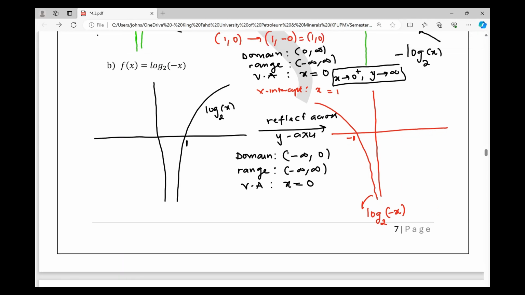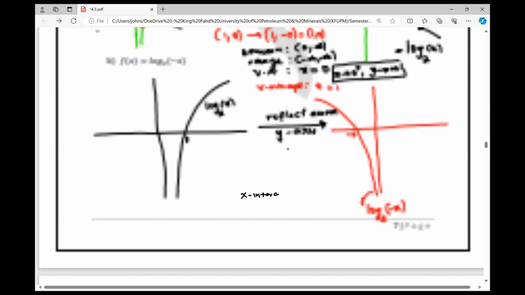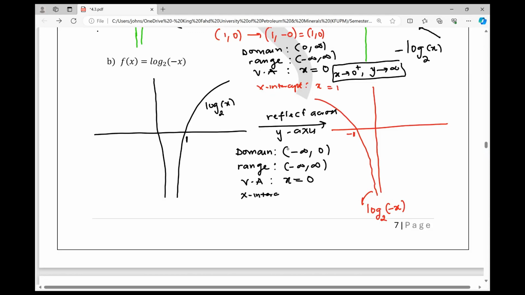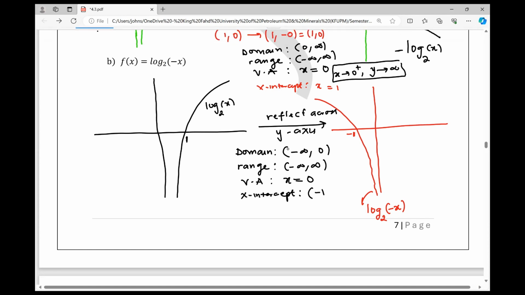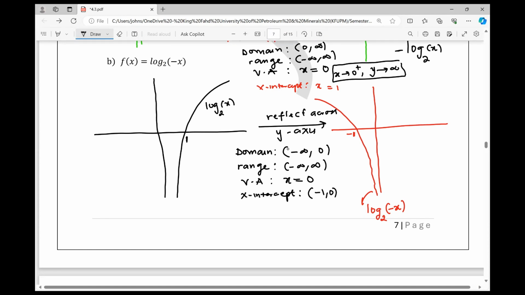And then, yes, let's even add the x-intercepts. We can put -1 and 0, as a point. And here also, instead of writing 1, we can just put it as a point. The x-intercept here is 1 and 0.